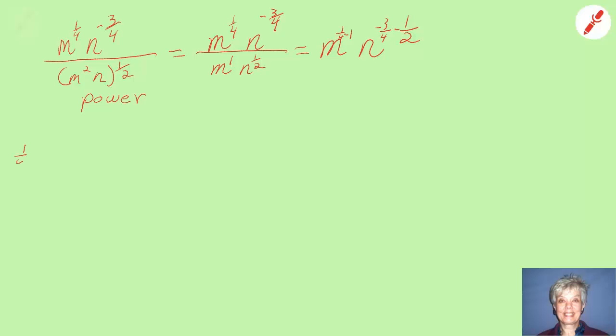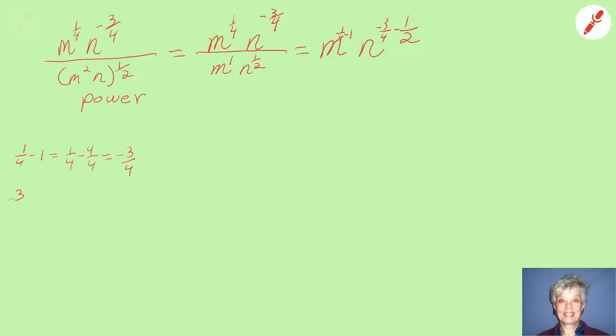1/4 minus 1 is going to be 1/4 minus 4/4, which is negative 3/4.